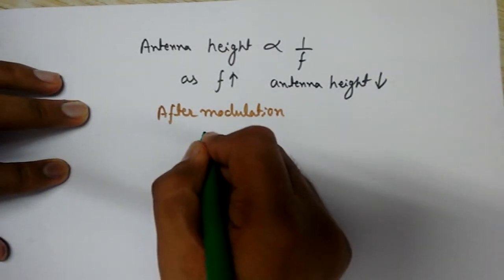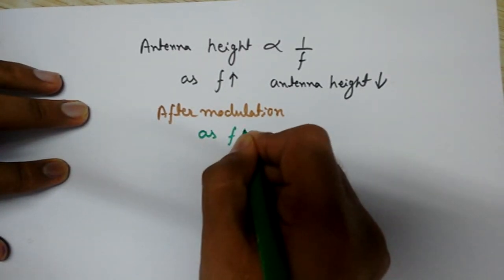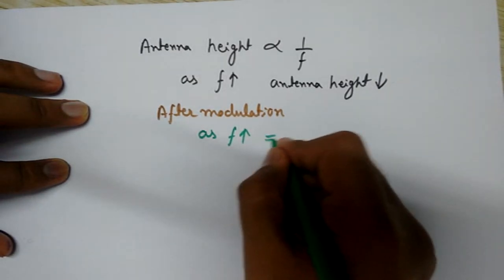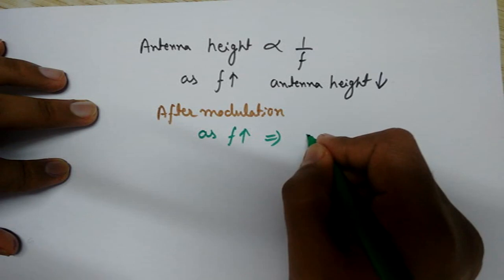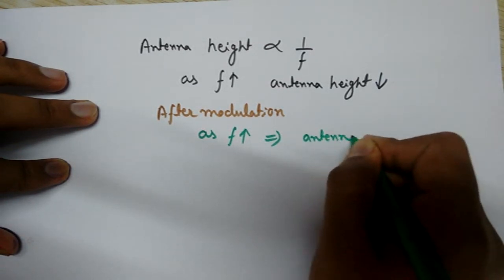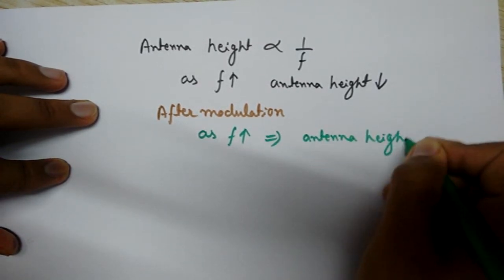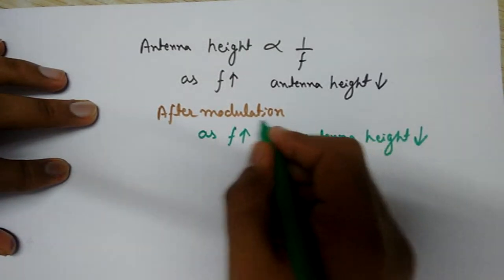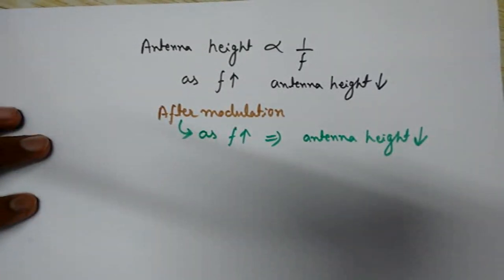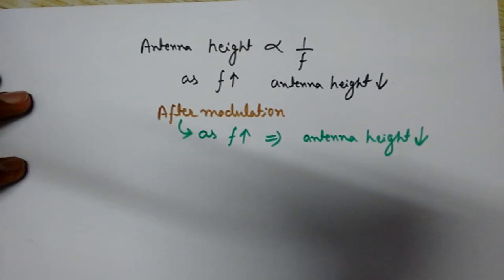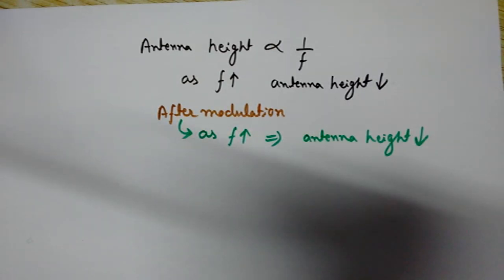as the frequency increases, it results in a decreased height of the antenna. Okay, after modulation, as we superimpose the message signal over the high frequency carrier wave, the modulated signal will be of much higher frequency.